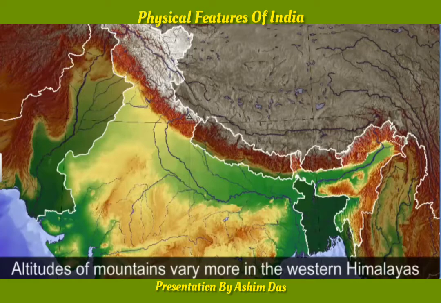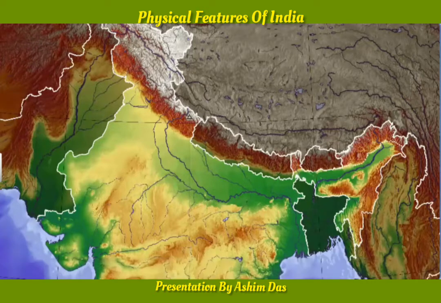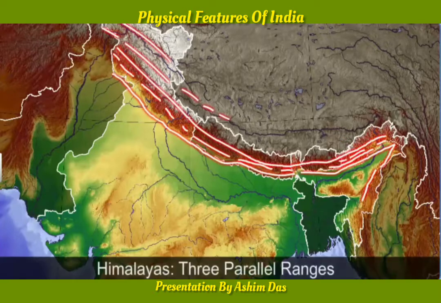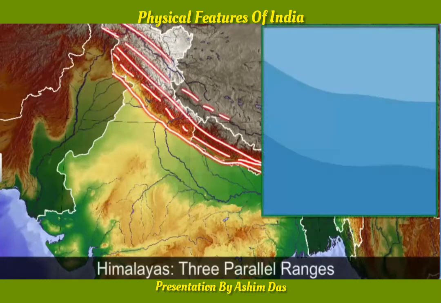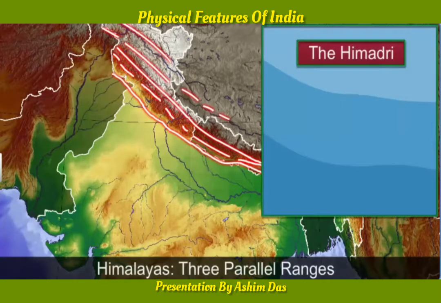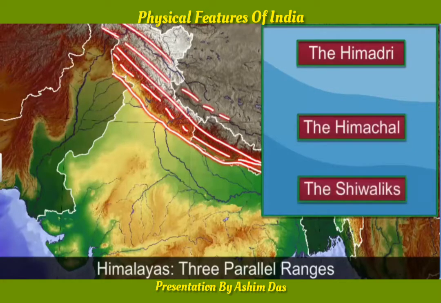The Himalayas are formed from 3 parallel ranges of mountains: the Himadri, the Himachal, and the Shivaliks. Several valleys lie between these mountain ranges.